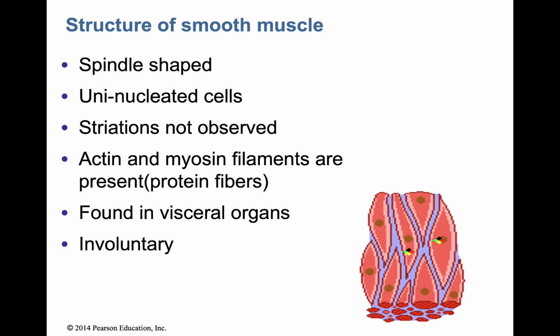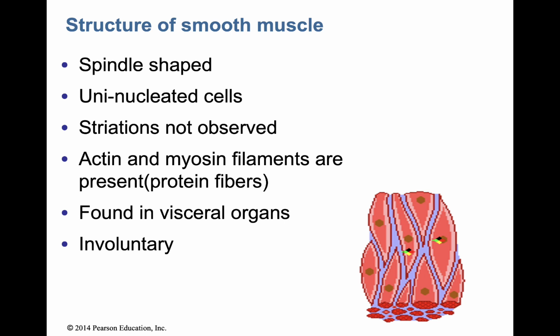The second type is smooth muscle. These guys do not have striated appearances. They are spindle-shaped, which means they have little sharp tips at the end of the cells. They are uninucleated, which means they have a single nucleus. And although they don't have a striated appearance, they are still made out of actin and myosin.